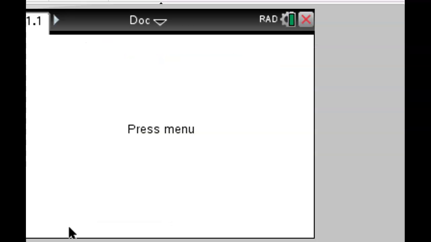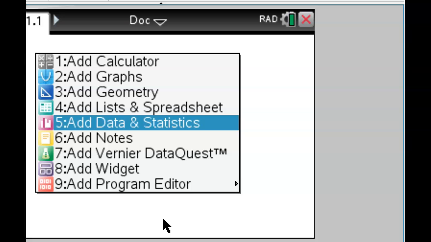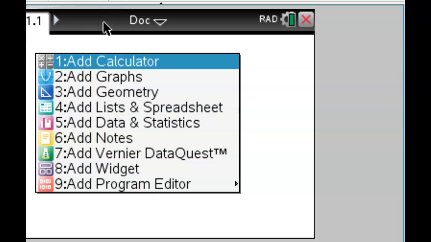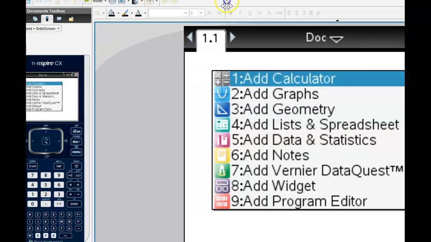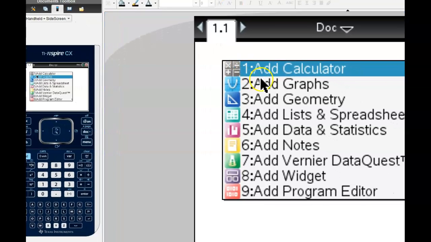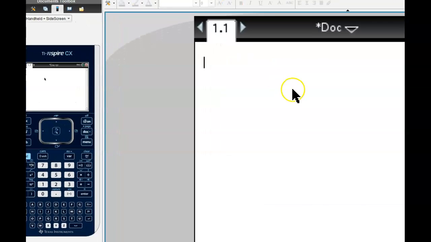So I'm going to show you what this looks like. So we go to, change my screen around a bit. You can see it better. Okay, so if we go to add calculator, we're going to type define space P of x equals binomPDF, left parenthesis.